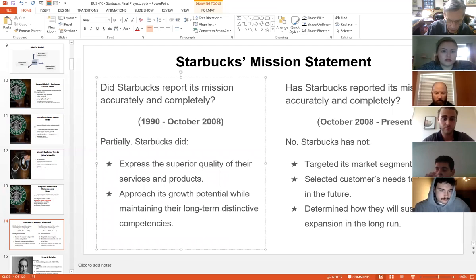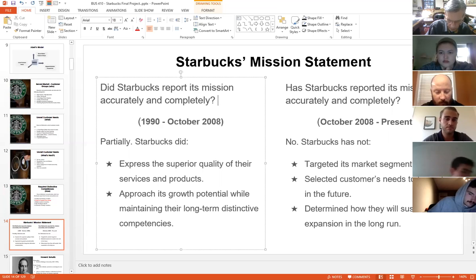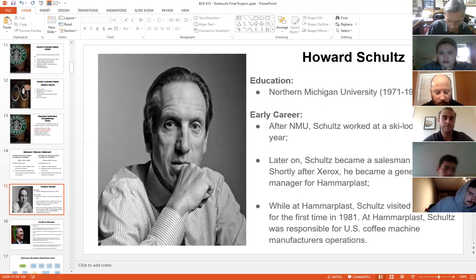Okay, so in order to get a good reading of Starbucks' mission, we were better informed when we look at Abell's model. Yes. Okay.